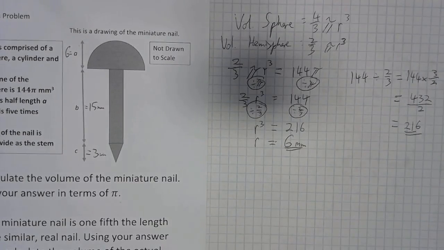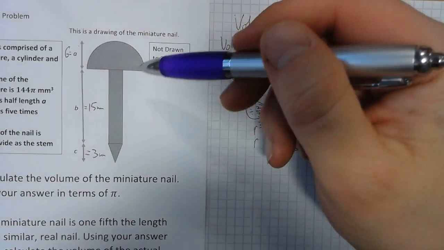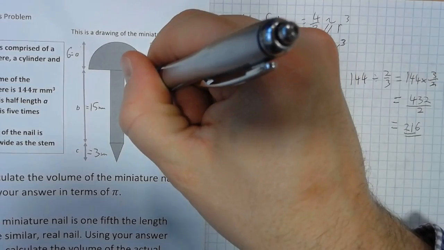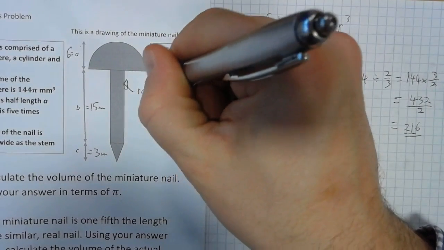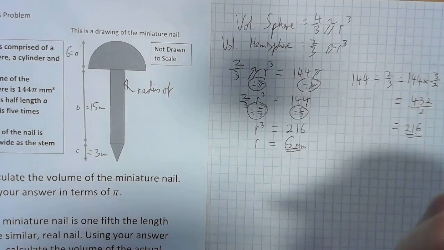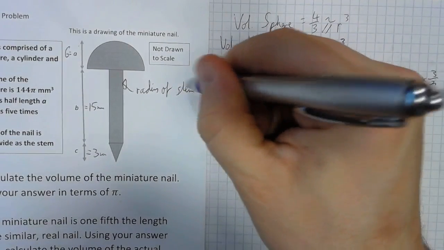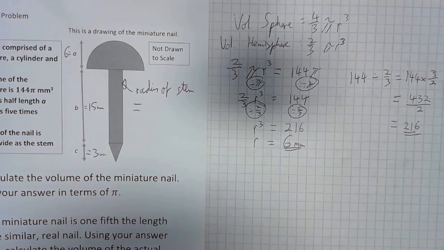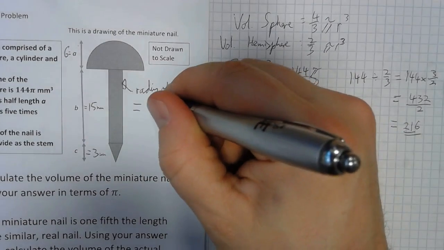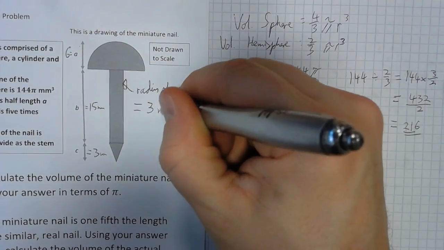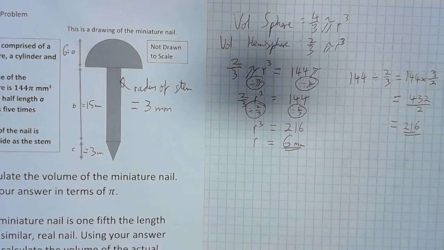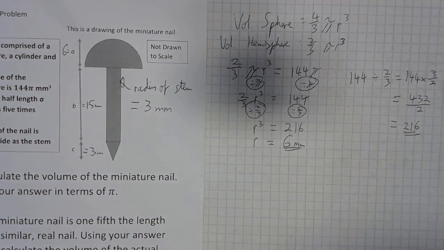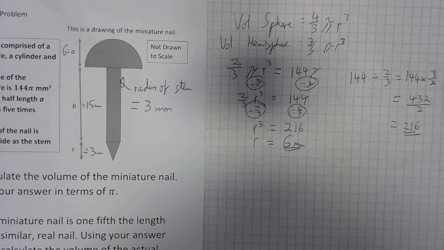And the head is twice as wide as the stem, so my radius of stem must be equal to 3 millimeters. If my radius of this one is 6, my radius of the stem has got to be 3. That would make it half as wide.